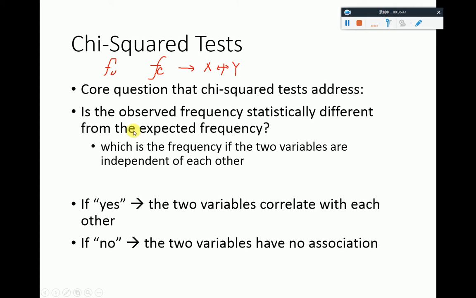And of course, if there's no meaningful or statistical difference between the observed and expected frequencies, then this assumption is pretty correct, right? Then we conclude the two variables have no association. Okay, so that's the logic of the chi-square test.